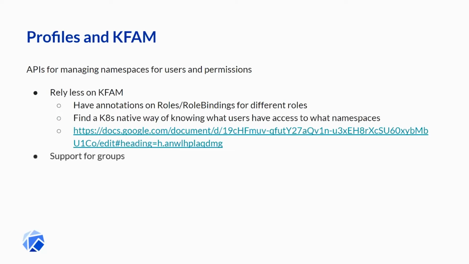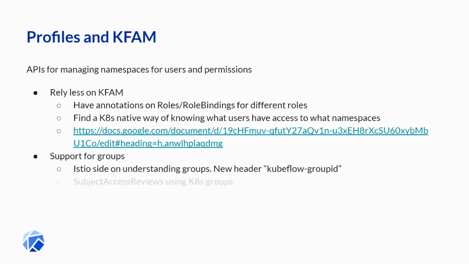And the next big item that we'd like to invest more time on is actually profiles, and specifically the support for groups. Groups come into play on the networking side, so we might need a new header that denotes the networking group, and need to extend Istio in deciding who has access to what resources based on the group.